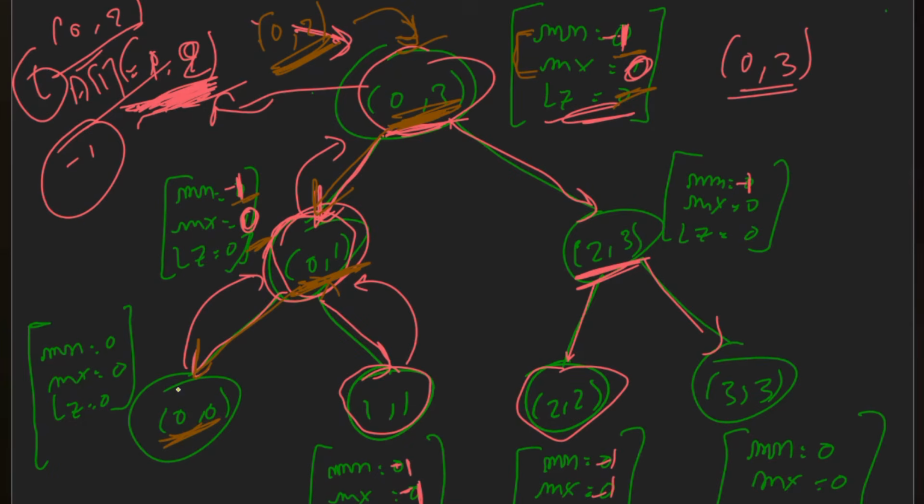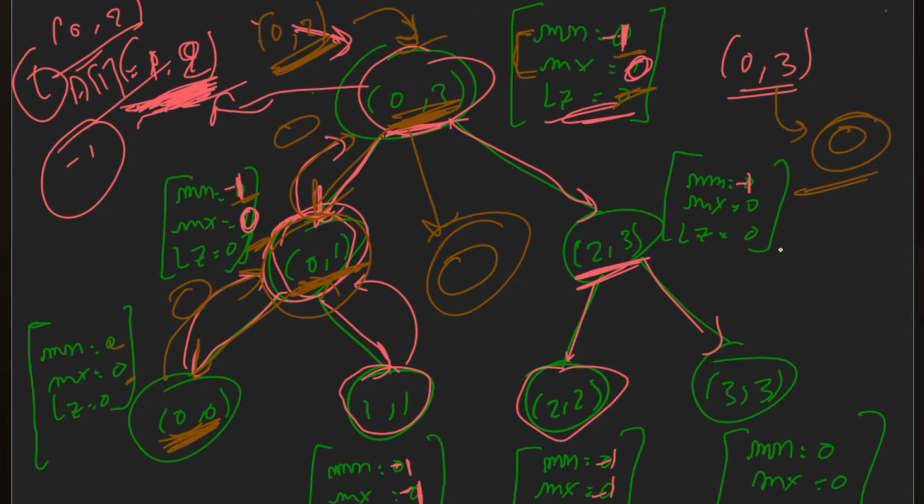Now this child 0 comma 0, overlapping is there, and for minimum and maximum we can get a 0. Third case: L is equal to R, so it will return L, which gives us the index 0. So the left child has given an answer, and we return 0. So 0 comma 3 will give us answer 0.